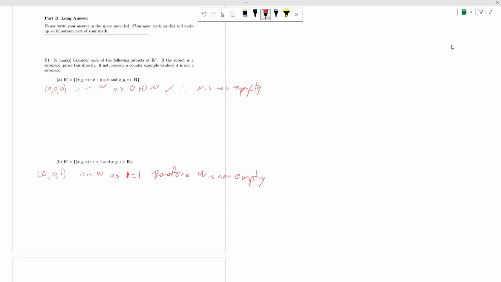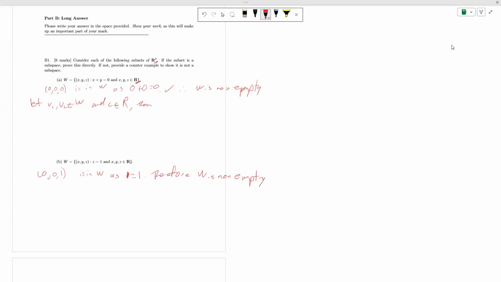Now we're going to let V1, V2 be in W, and C be in R. The reason I'm letting C be in R is because I'm working in R3, a real vector space, so our constants are real numbers.